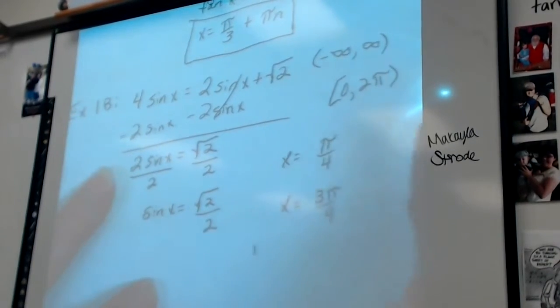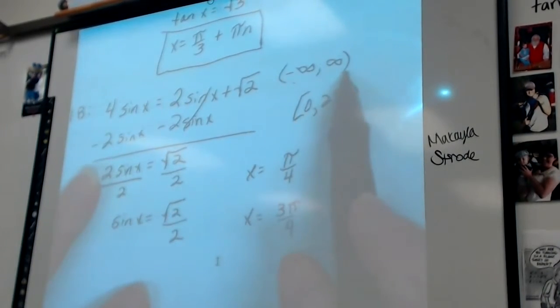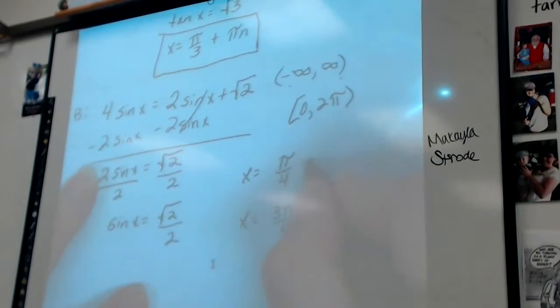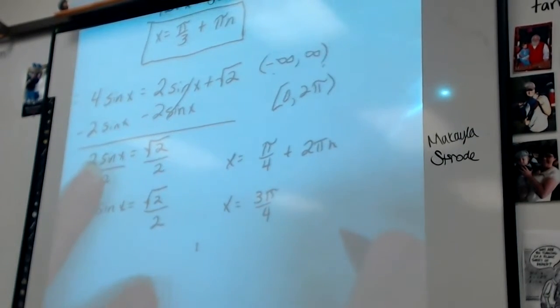Now, since we're going from negative infinity to positive infinity, we've got to add plus 2 pi n, or 2n pi, however you want to put it. This means n represents your number of times around the circle.